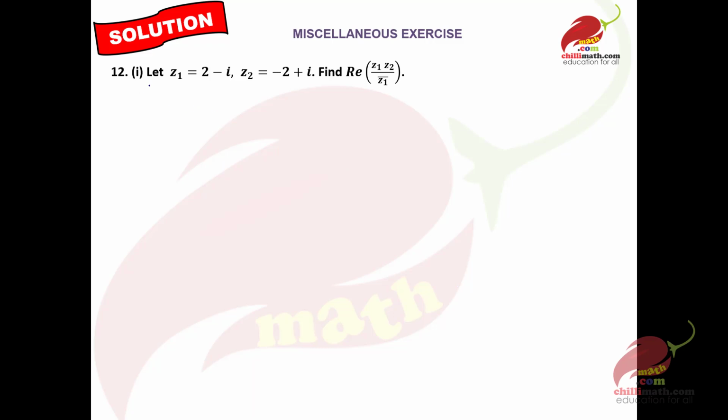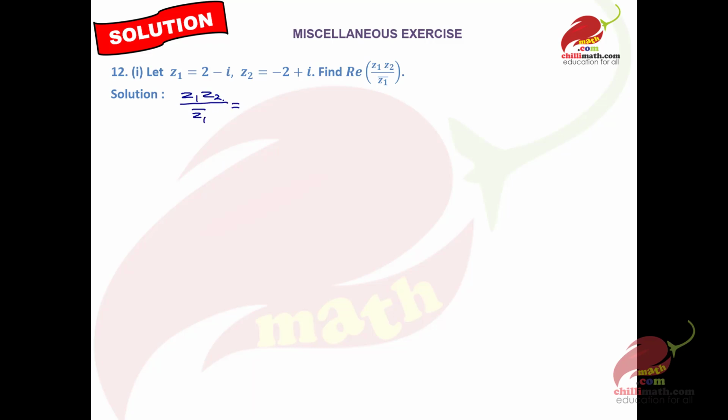The 12th first part is, let z1 be equal to 2 minus iota, z2 equal to minus 2 plus iota. Find the real part of z1 into z2 over z1 conjugate. So let us first find z1 into z2 over z1 conjugate.